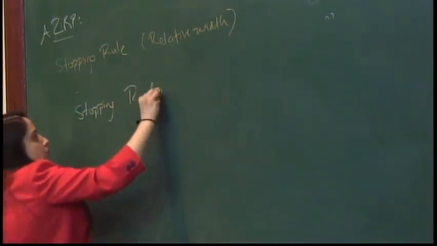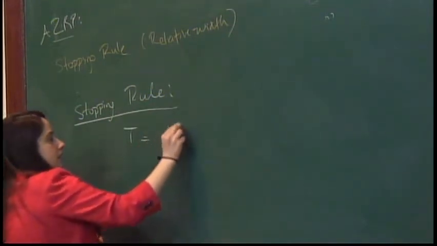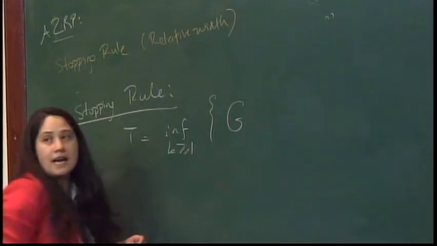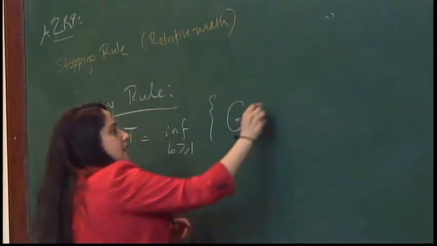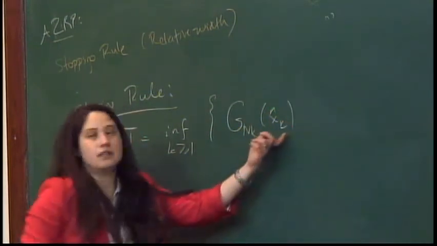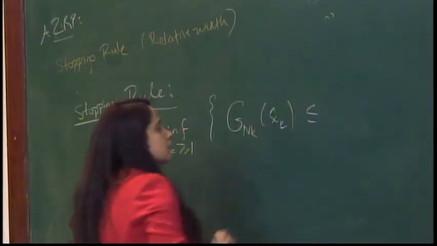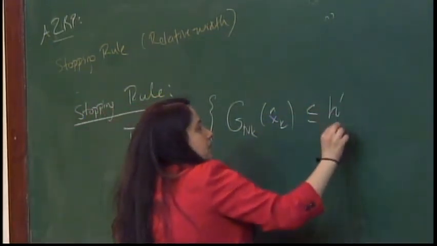So the stopping rule would be: T is the terminating iteration. It's the first time your gap estimate, using sample size nk, of the kth candidate solution, is sufficiently small, and that's going to be something like this.